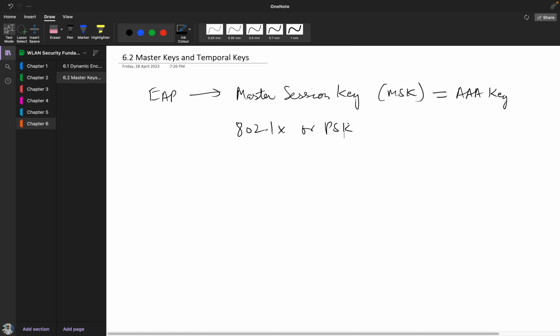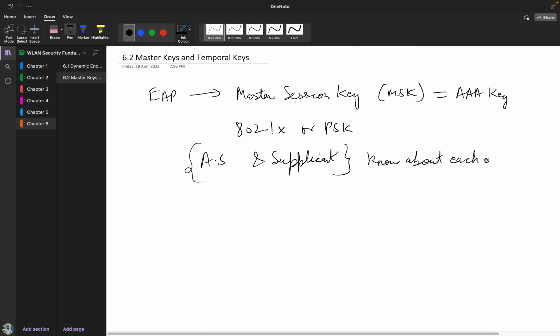Basically, the supplicant knows about the certificate, and the server knows about the username and the password of the user. So that's how they know about each other, via the exchange of credentials.